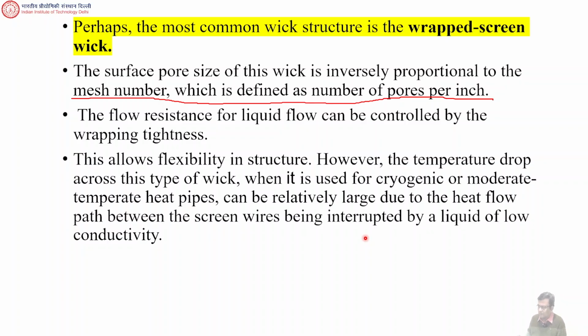So you can give large pore size by changing the tightening between the meshes, but if internal pores are large, then because of a lot of liquid flowing smoothly, the thermal conductivity can be lower.